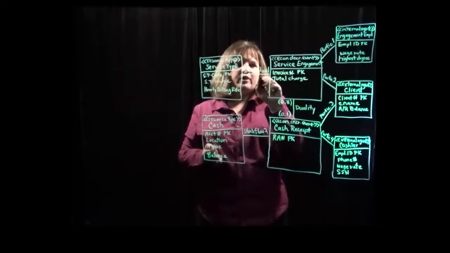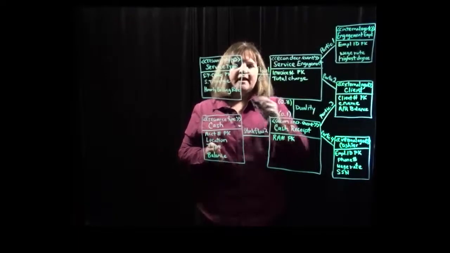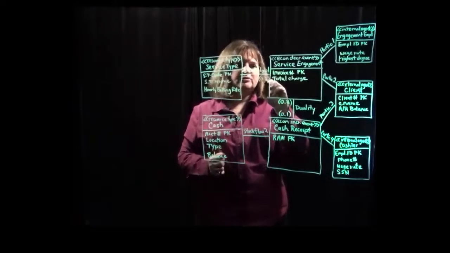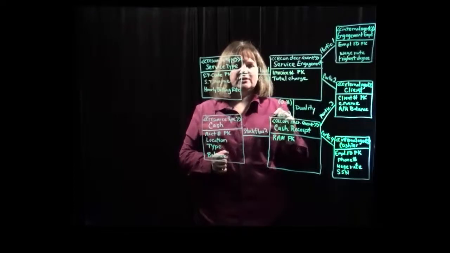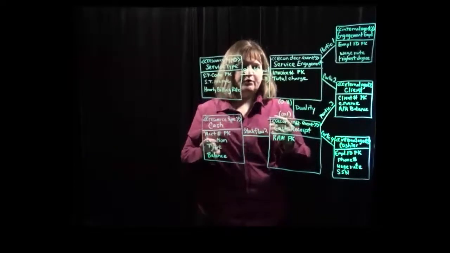And so we know that we want to be able to put the service type in there before any service engagement occurs. And then the same type of service could be performed on multiple engagements. So one service type can relate to multiple engagements. We could do cleaning services on several different jobs, for example.